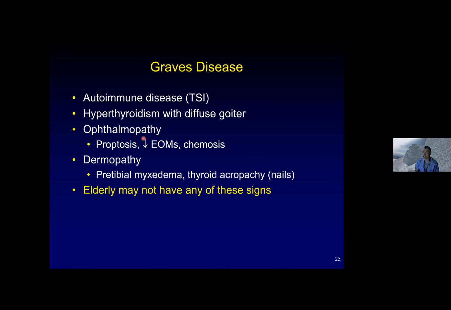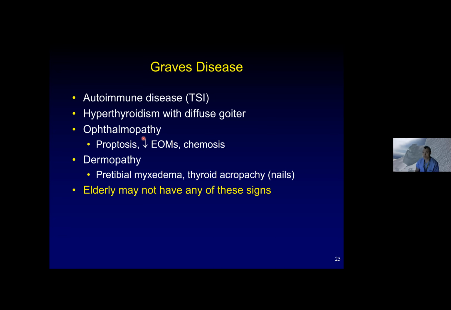In this case, patients will have a diffuse goiter in addition to the signs and symptoms of hyperthyroidism that I mentioned before. The ophthalmopathy, which I was talking about before, includes proptosis and decreased extraocular movements. Chemosis, which is sort of an edema of the conjunctiva, can also be seen. And patients often complain about dry eye.